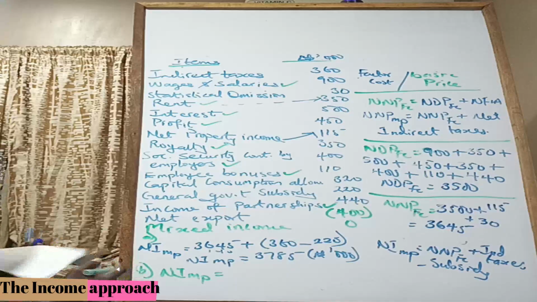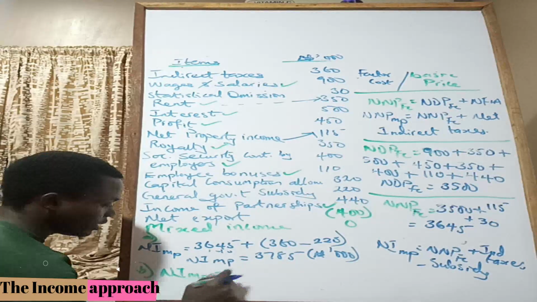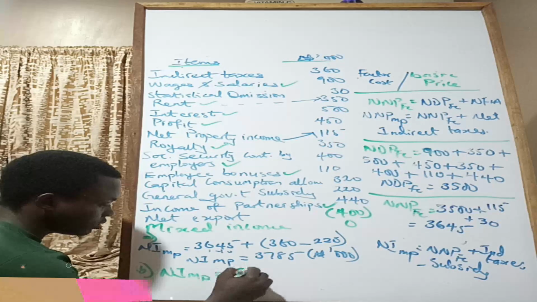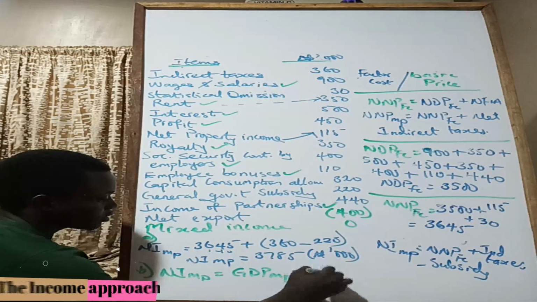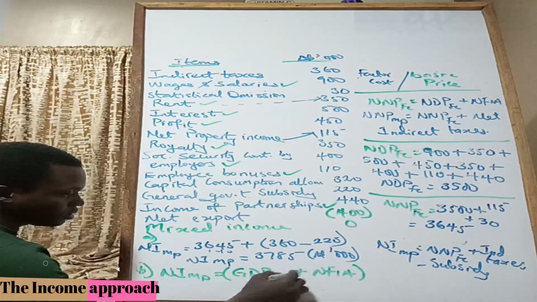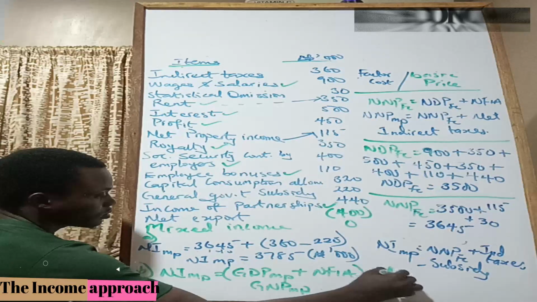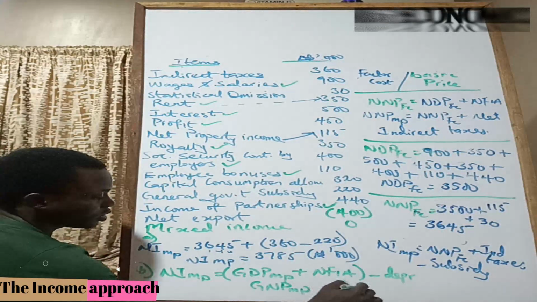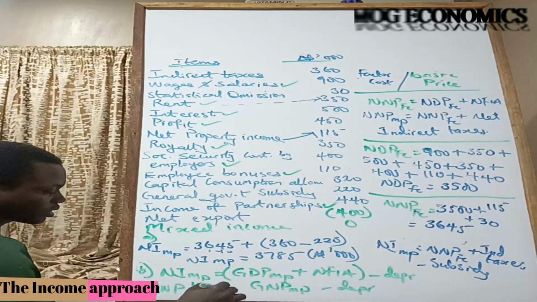The formula I want us to use in this case: NI is GDP plus net factor income from abroad, which gives the GNP at market price, then minus depreciation. So this minus depreciation is actually equal to NNP, or NI at market price.